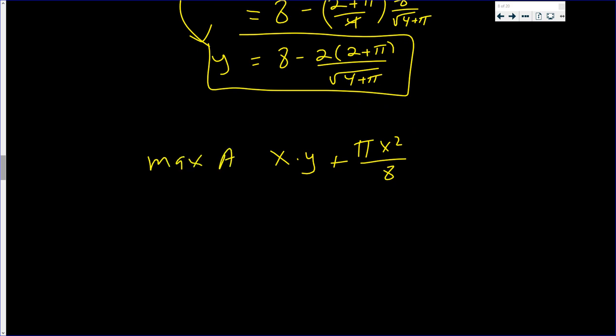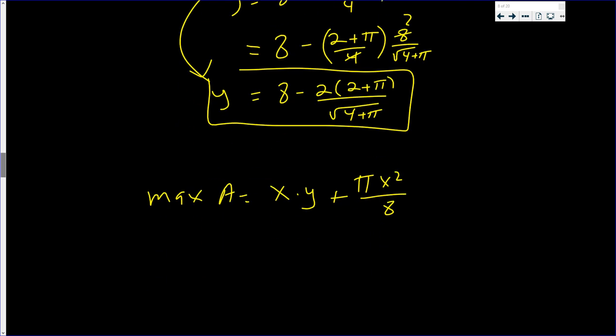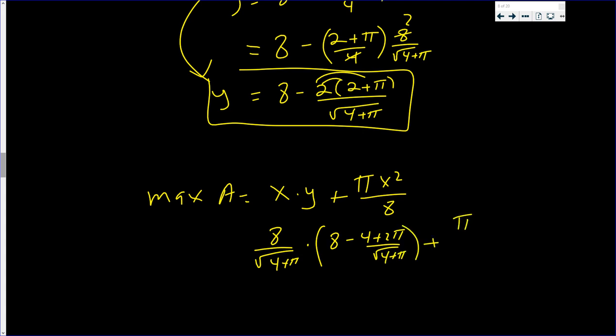The max area is, well, what's x? 8 over the square root of 4 plus pi times y, which is 8 minus, I'm going to distribute the 2, 4 plus 2 pi over this, plus pi over 8 times x squared, 8 over the square root of 4 plus pi, squared.